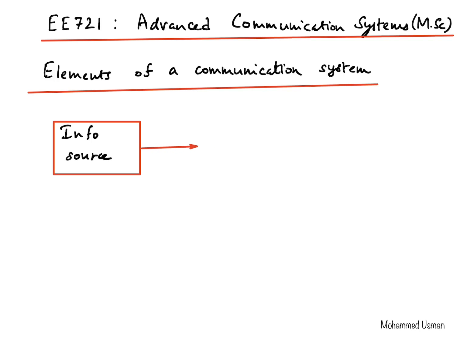So that goes to another block which we call the transmitter. And the signal that is transmitted will propagate through the communication channel. So the next part of the communication system is the communication channel.